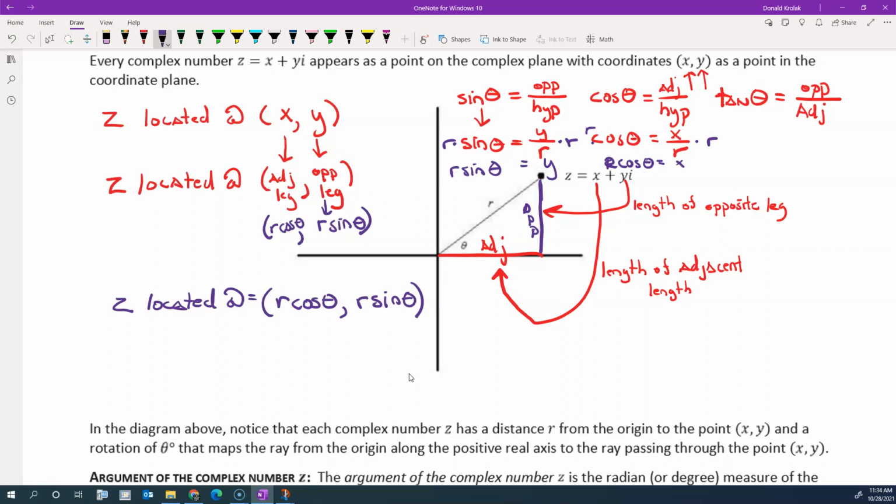This is your x coordinate, and the second one's your y coordinate, but now it's using a radius. This uses an angle theta and a radius r to locate a point. So that's how you get the polar form of a complex number: r cosine theta, r sine theta.